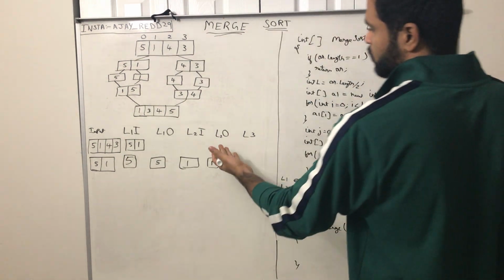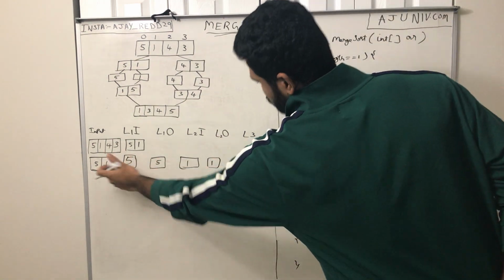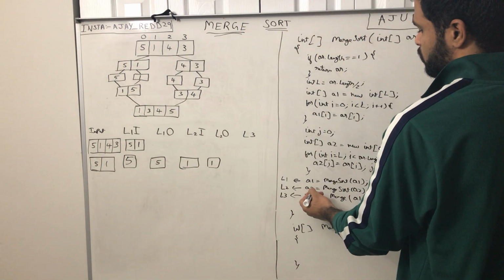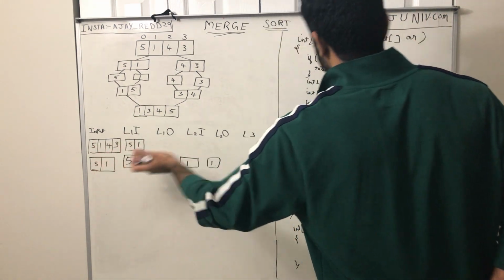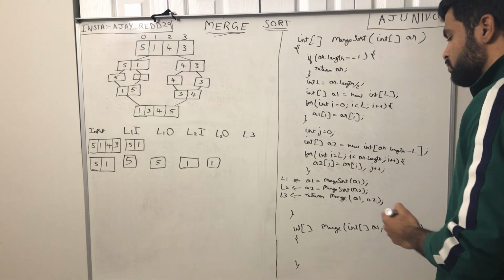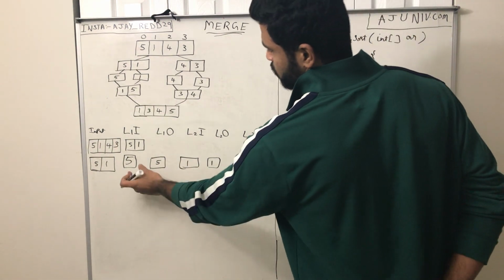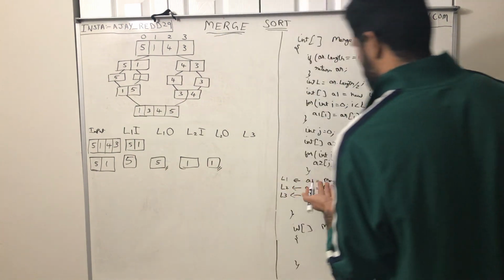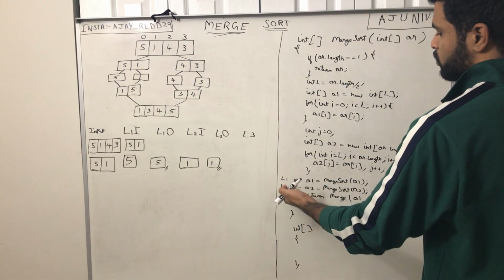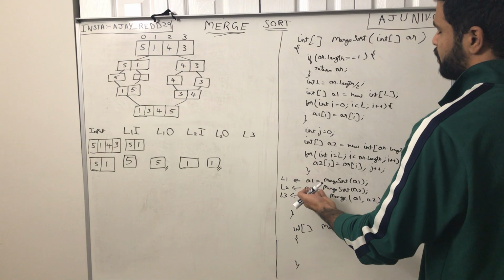So the line 2 output for this input array would be 1. Now A2 will be 1 when the input is 5 and 1 in this function call. So I got the L1 output and L2 output, stored in A1 and A2.